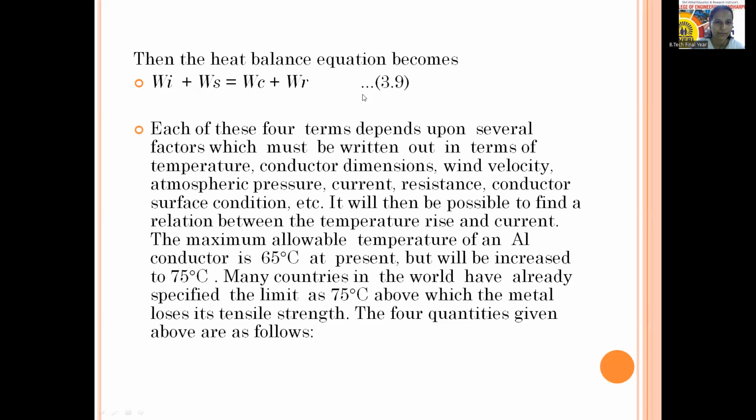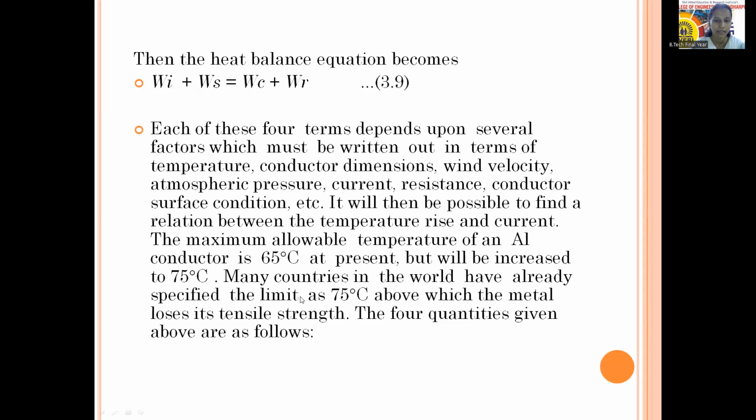Now this heat balance equation becomes, by assigning these notations, a relationship between temperature rise and current. Now we are going to see the maximum allowable temperature for the various conductors. For aluminum, it is going to be 65 degrees Celsius, but it will be increased up to 75 degrees Celsius.